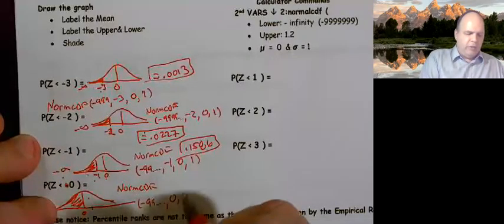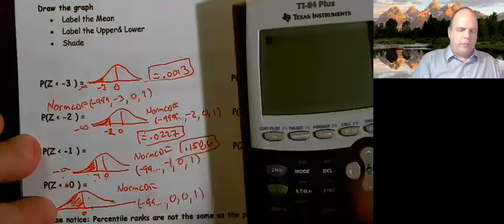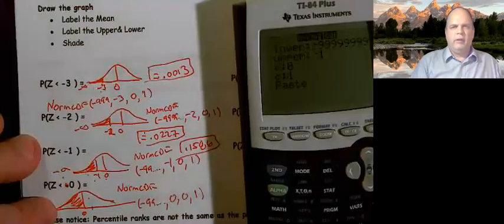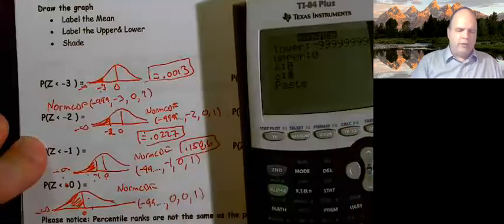Mean happens to be 0. And our standard deviation is 1. Because that's exactly what we have to put in the calculator. Second vars, norm, CDF, -99999. The upper bound, where we stop shading, is 0. Our mean is 0. And our standard deviation is 1.